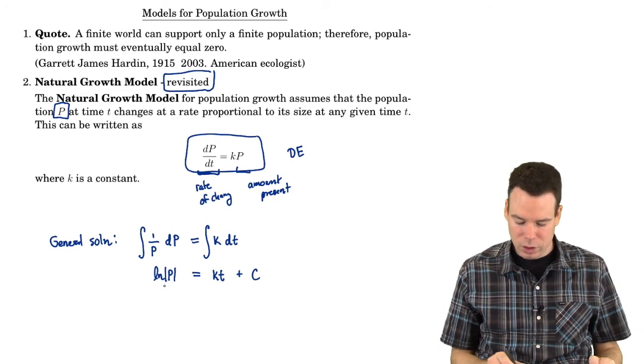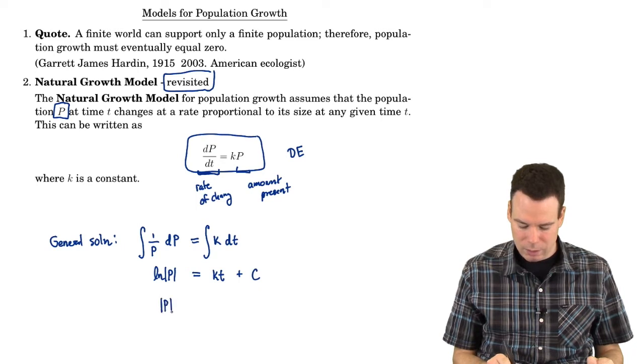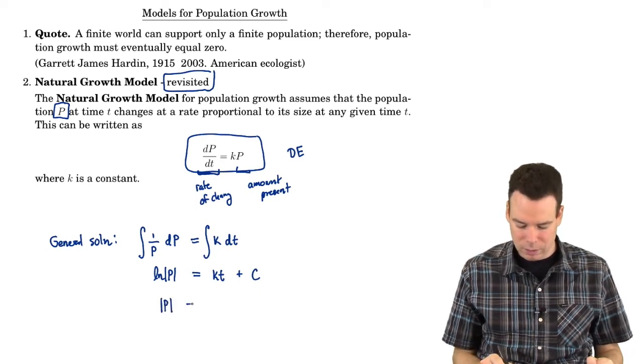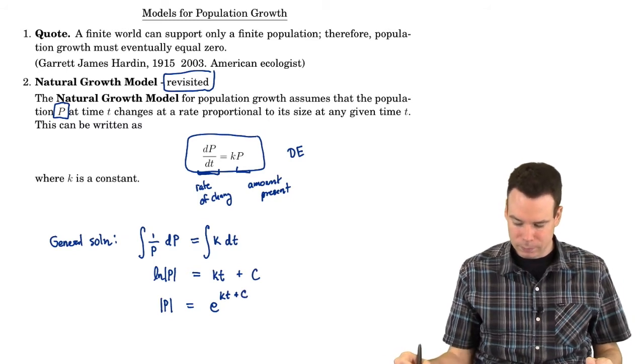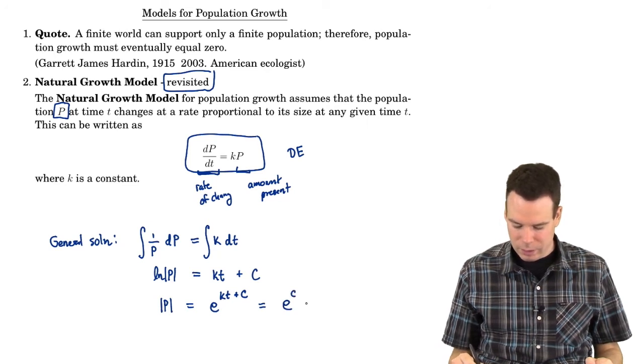Now this is our general solution to the differential equation, but we can rewrite it. We can say, well, we'll take e to the power of both sides. So e to the ln of absolute value P is just absolute value P, and we can take e to the kt plus C. Now at this stage we can notice that e to the kt plus C is e to the C times e to the kt.